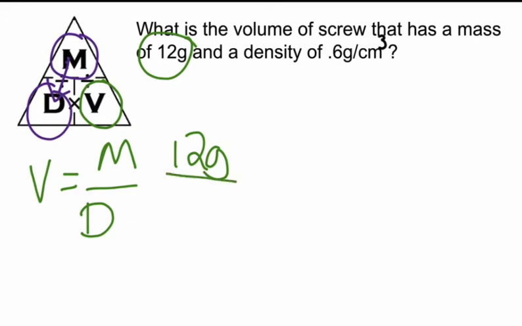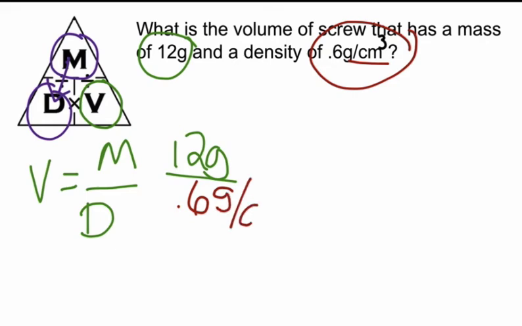And the density, which they give us, has the unit grams per cubic centimeter, so that would be 0.6 grams per cubic centimeter. The next thing I would do is solve for it, because remember, this is division.